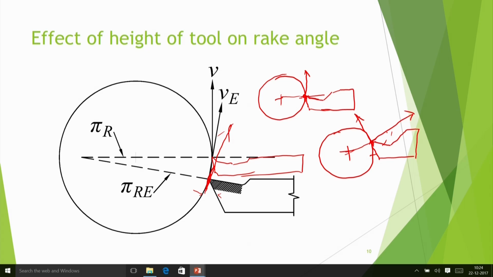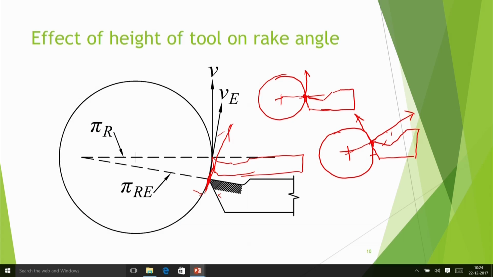That is why in most cases we take the horizontal plane as the reference plane and see how much the surface is inclined from that horizontal plane. That is why we do that in the American system, but in general it is not always like that, because our referencing system and measurement system will change if I move the tool up and down.